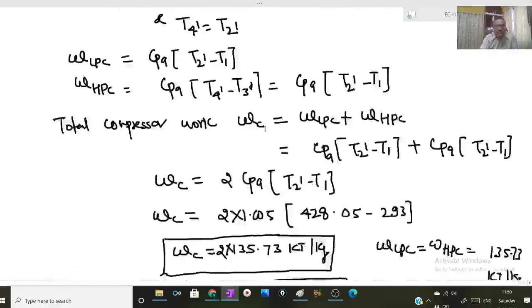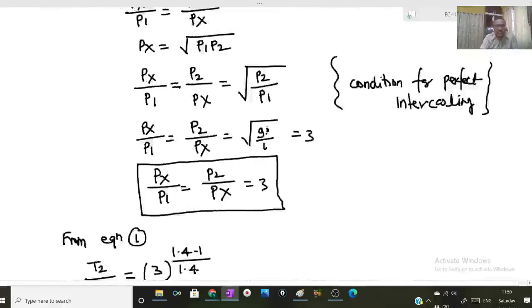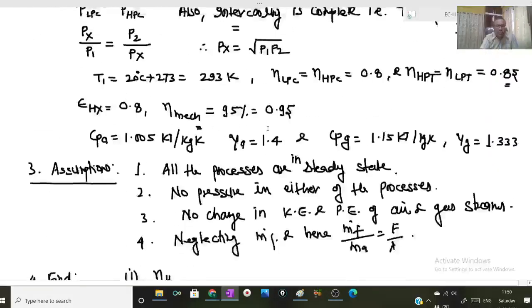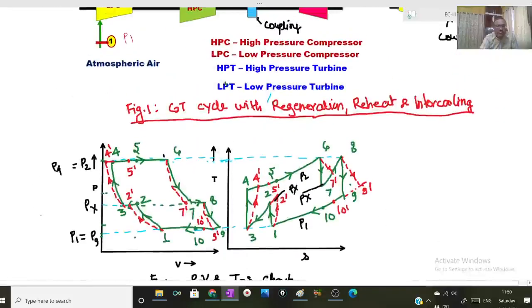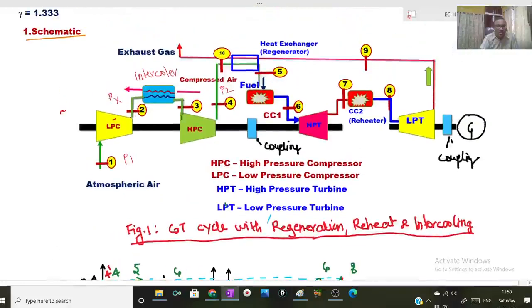Okay, what is that? On PV and TS diagram, 4-5 dash is the actual preheating. This is the process 4 to 5 with the help of hot gases.